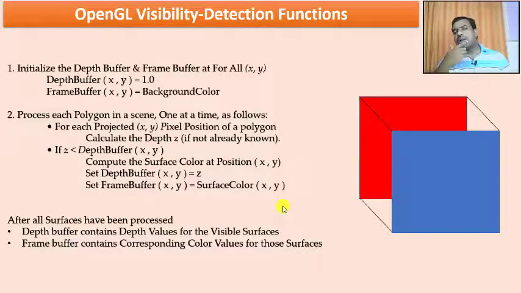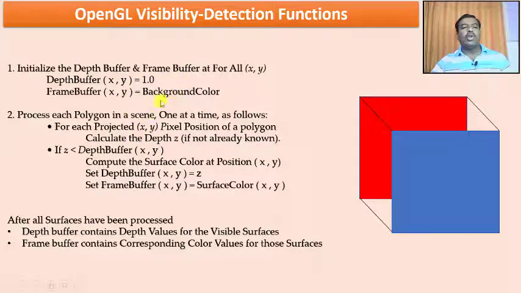And with this, in the earlier sessions when I was discussing 3D viewing and its pipeline, I spoke about the visibility detection function, the back face and the front face. What should I do with the back face and what should I do with the front face? And we also spoke about the depth buffer, the Z buffer algorithm, how exactly this is going to work.